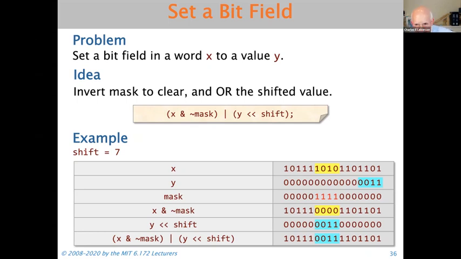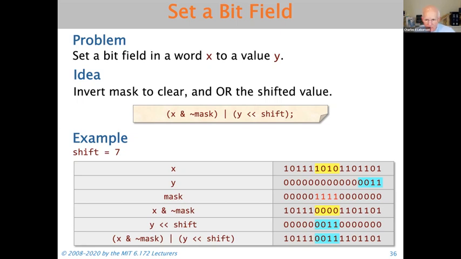We want to replace the yellow part of X with the blue part of Y. So our mask has the bits set in the positions where we want to modify X. We AND the complement of the mask, that's the thing shown in yellow on the 4th line, to clear those bits, and then we shift Y into the right position and OR the bits in. Now you see that those bits have 0, 1, 1. So we get the final answer.